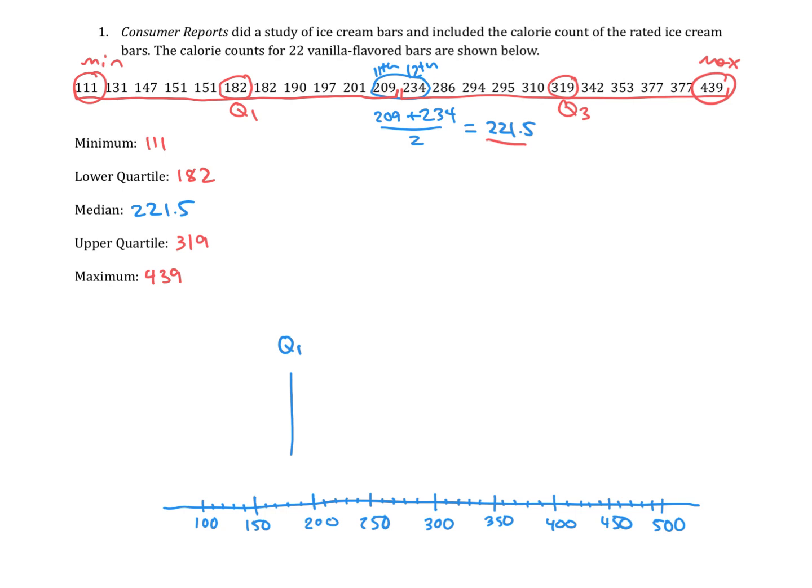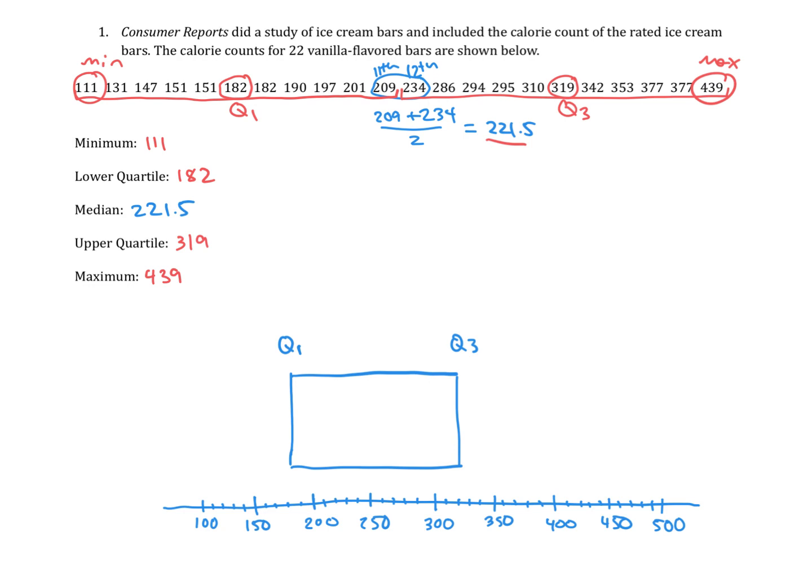Then I'm going to make the other side of the box, which is the upper quartile, or Q3. That's at 319, so right around 320. But 319 would be maybe right there, Q3. And then I connect those to make my box.